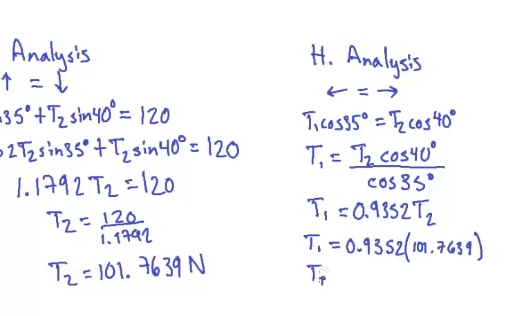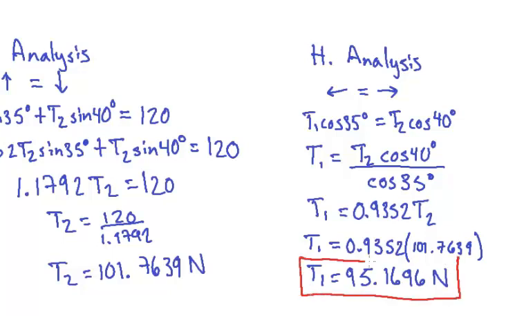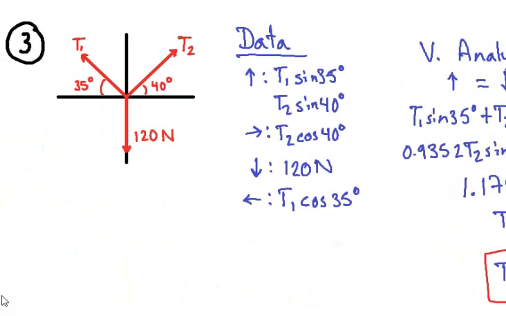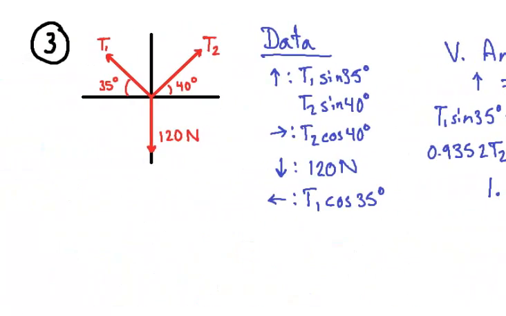If I substitute that in the calculator, it's going to give me 95.1696 newtons. And with that, I have already found the force T sub 1 and the force T sub 2, which is the purpose of this exercise, to make sure we find all the missing forces, magnitudes.